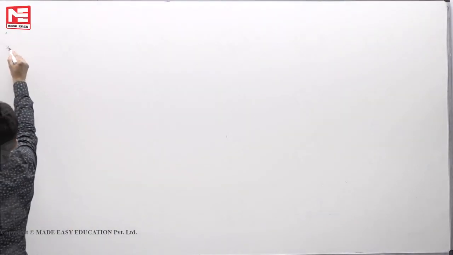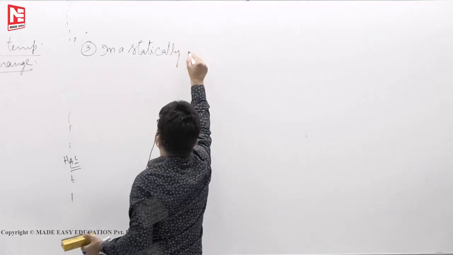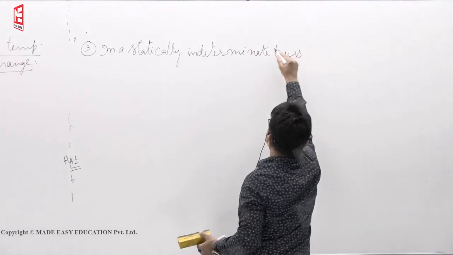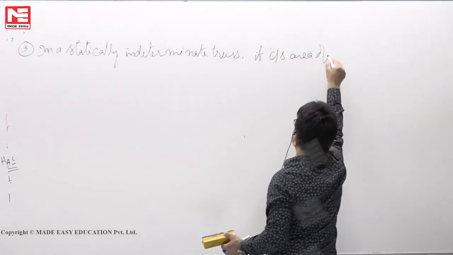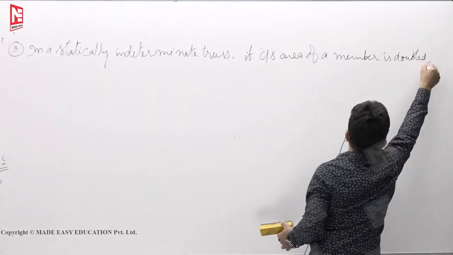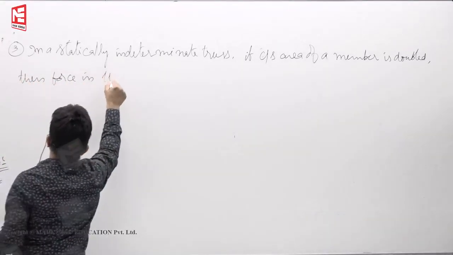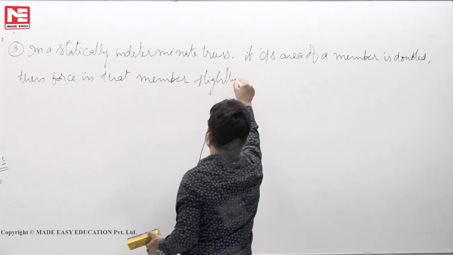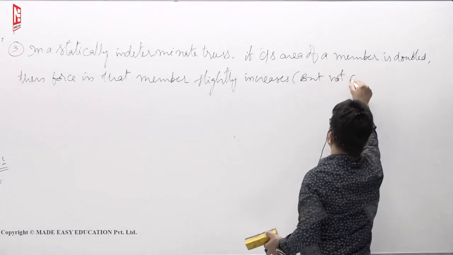So note the third point: in a statically indeterminate truss, if the cross-sectional area of a member is doubled, then the force in that member slightly increases but is not doubled.